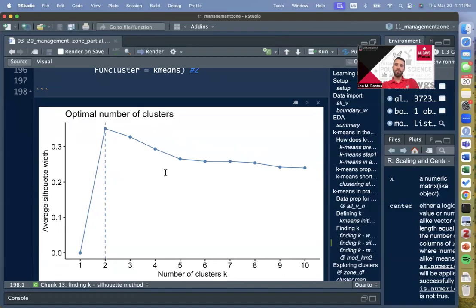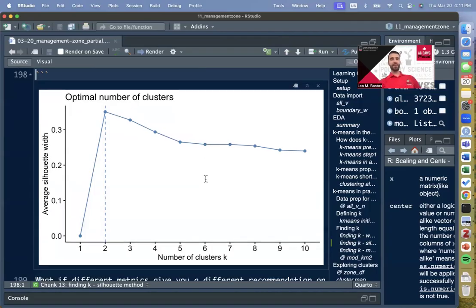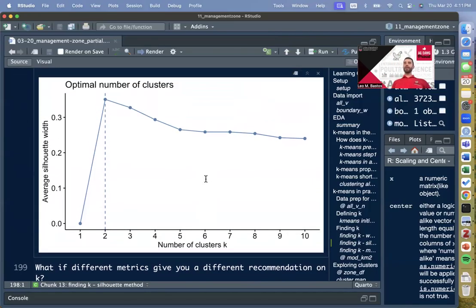The silhouette width is almost like a density plot: as you keep adding clusters, you keep adding density plots specific to those clusters, and it looks at the width of that silhouette overall. Thinking in retrospect, I wish I had a better visual to show you that. But basically, it's another method looking at a slightly different metric, the silhouette width of the clusters. And in this case, it's giving us a recommendation of 2 clusters.